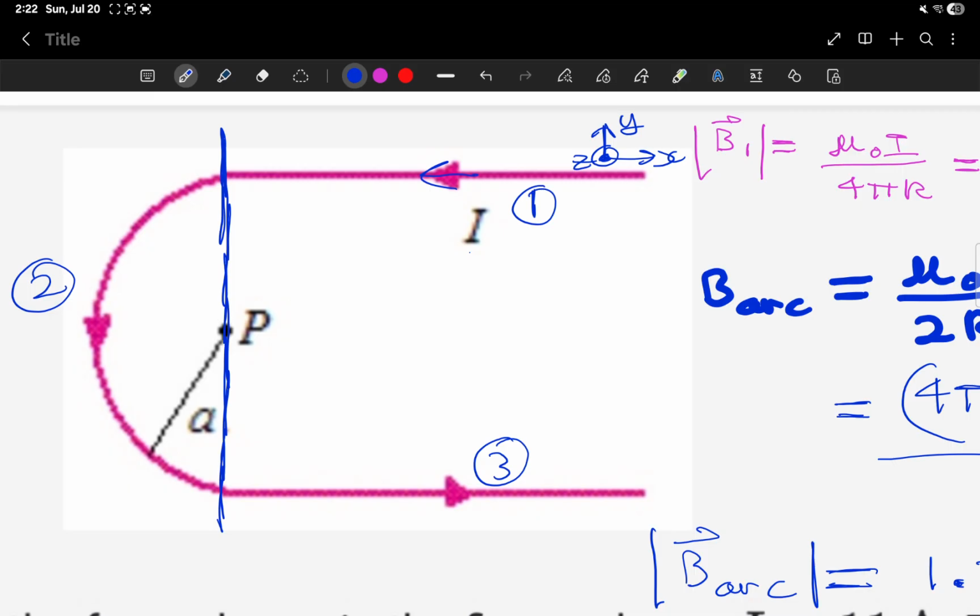So you already know that if I look above the wire here, if I look at this in 3 dimensions, the magnetic field is actually pointing into the table or into your tablet.